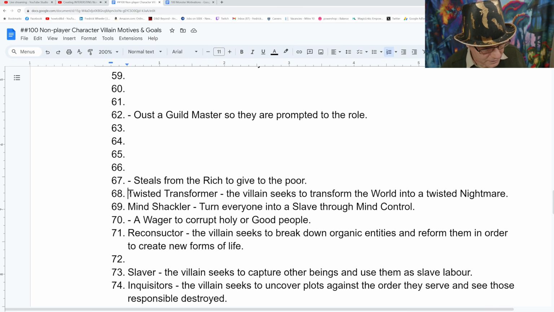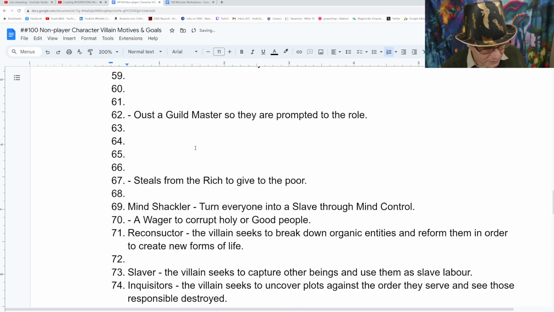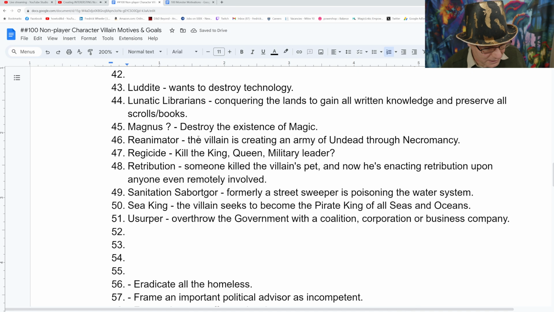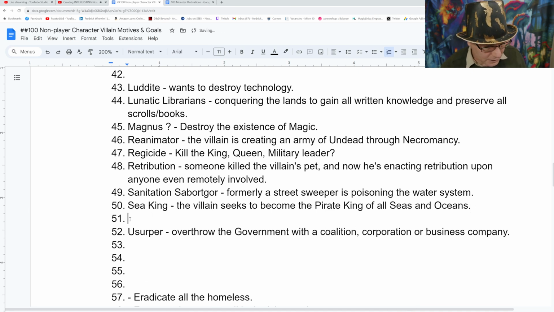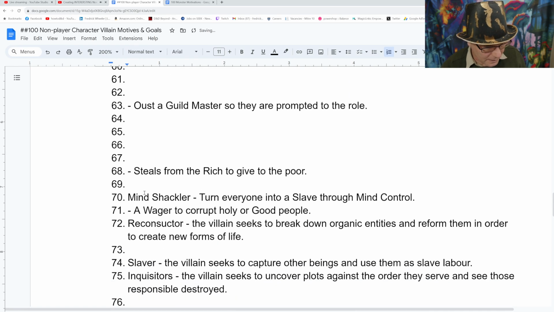What else we got? Twisted transformer, mind shackler, twisted. Gotta go over here. Chuck that in there. Paste. And mind shackler. There we go.